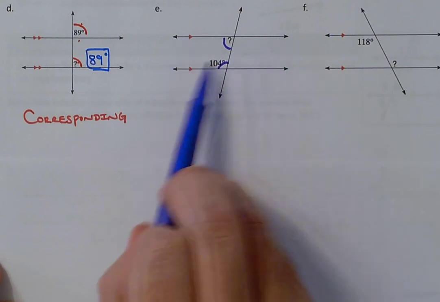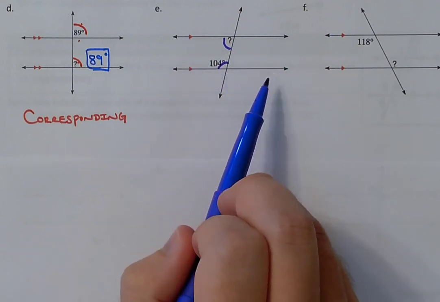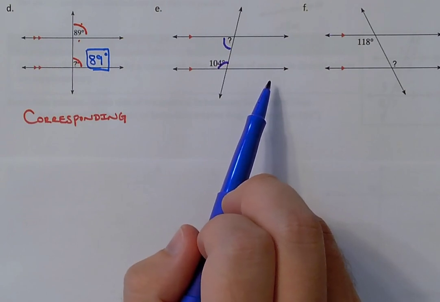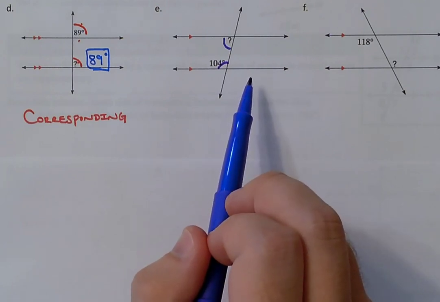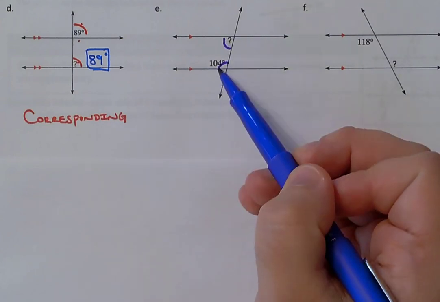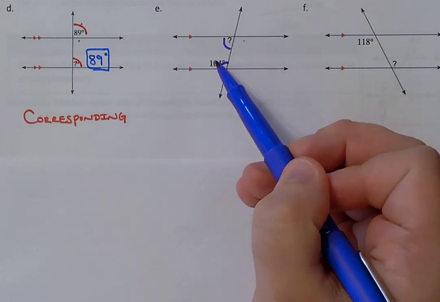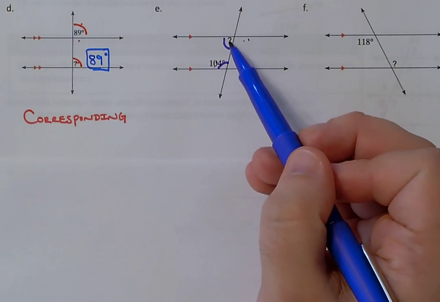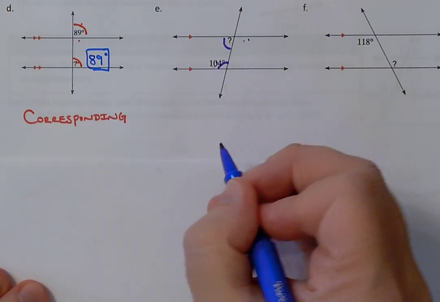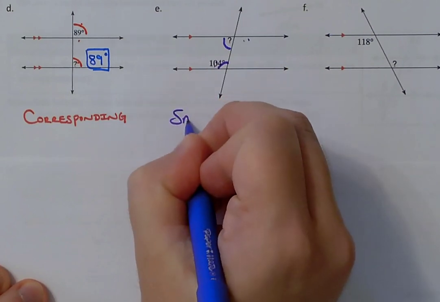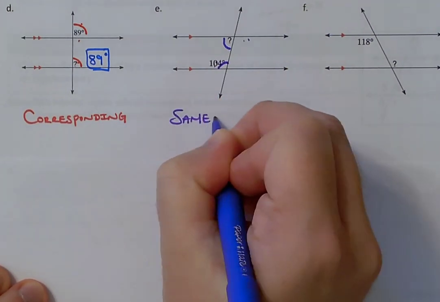So because they're both in between the parallel lines, we are either looking at alternate interior or same side interior. So the next question is, are they on the same side of the transversal or on alternate sides? Well, they're both on the same side of the transversal, so that means we have same side interior.